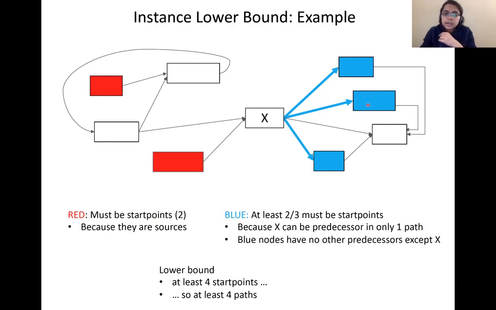Here, all of these 3 blue vertices have a single predecessor x. Now, when we're trying to extend the path of x, it can be the predecessor of at most one of the blue vertices. So the remaining 2 blue vertices have no choice but to be the start points in their paths. Okay?